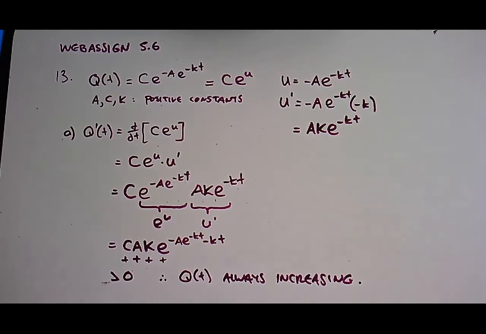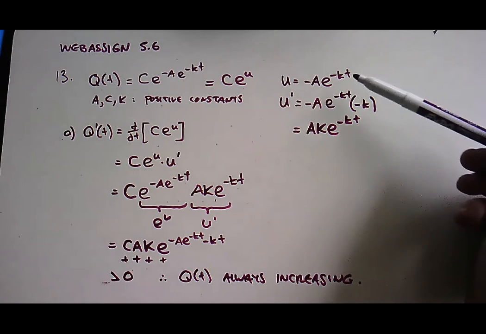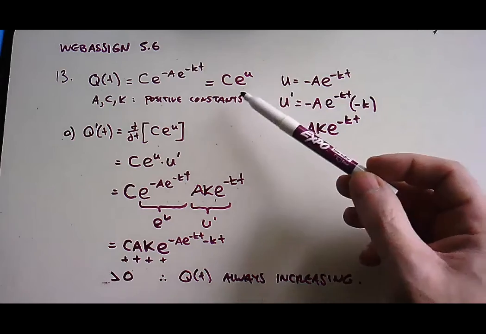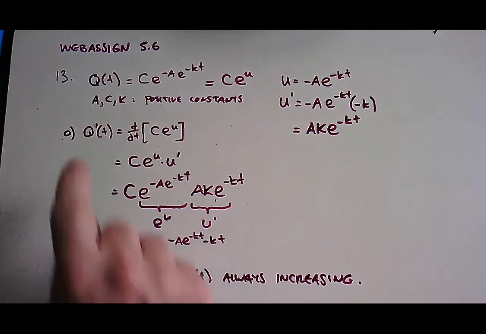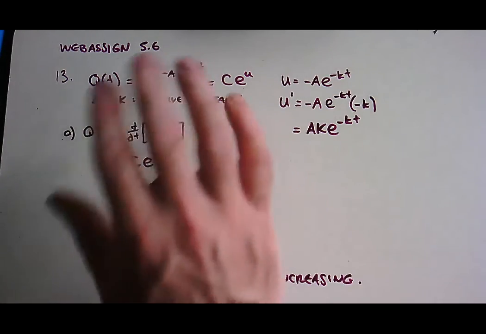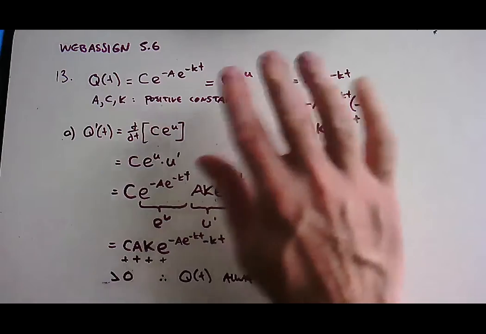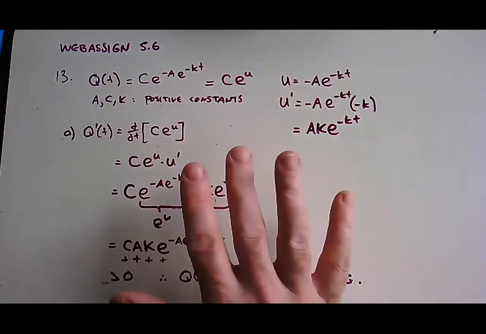I think in a problem like this, the calculus really isn't that bad. There was a chain rule within a chain rule problem, so that can get kind of complicated. The strategy that I use to make that a little bit easier is to say, okay, I have q of t equals c times e to some mess. Let me call that mess u, just temporarily, so I don't have to look at all those letters at the same time.